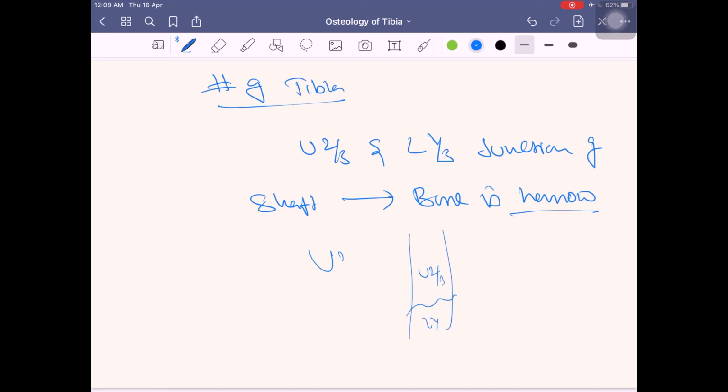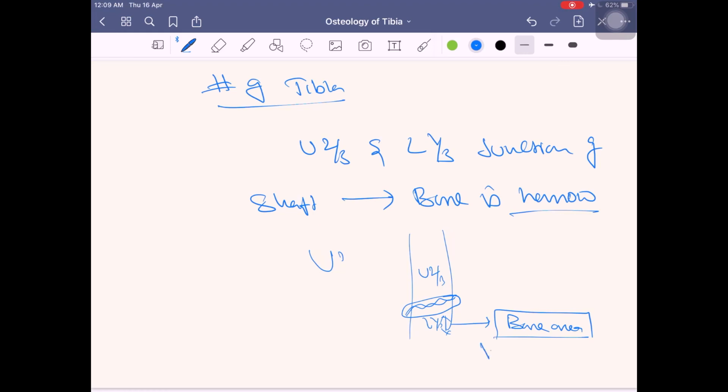And very interestingly, if any fractures happen in this lower 1/3 area, this area is what we call a bare area. The reason is, you might have seen in the anterior part I told you it is subcutaneous, and the lateral part is also subcutaneous. So you don't have many vessels here. There is low blood supply in this part because the muscles are not there.